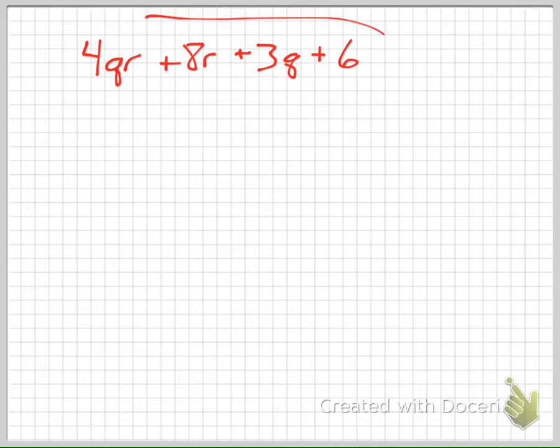Every once in a while you're going to get a problem like this, and this is when things start to get interesting: 4qr plus 8r plus 3q plus 6. I want you to look at this and tell me, first of all, is this a trinomial?